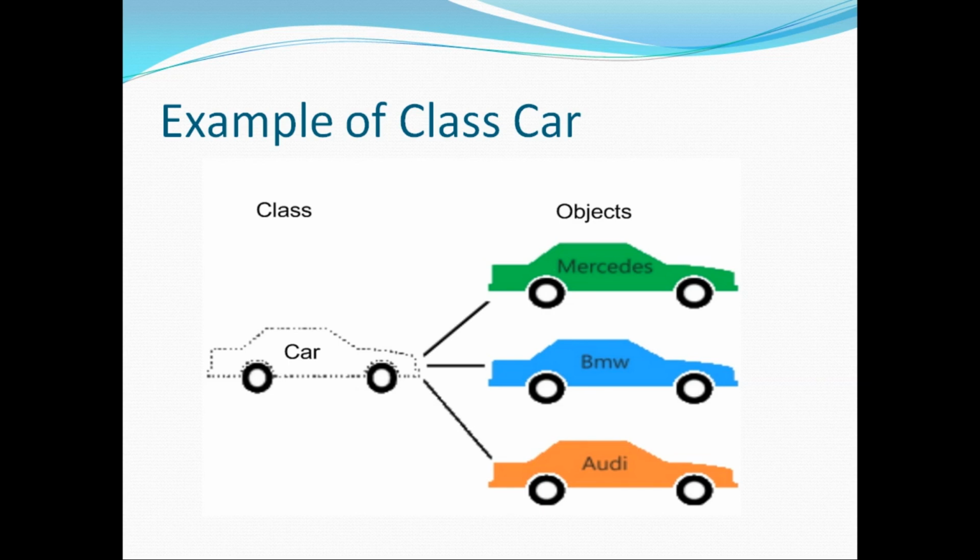So, here car is the class and wheel, speed and mileage are the properties. This class describes all the properties and behavior of that type of object like Mercedes, BMW, Audi. So, this is the class and this is the object of that type of class.